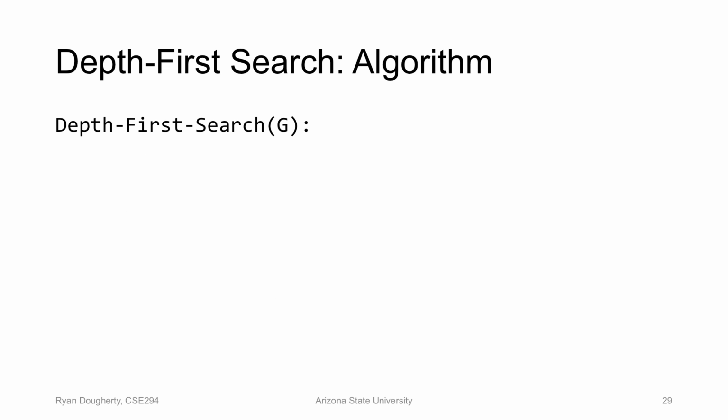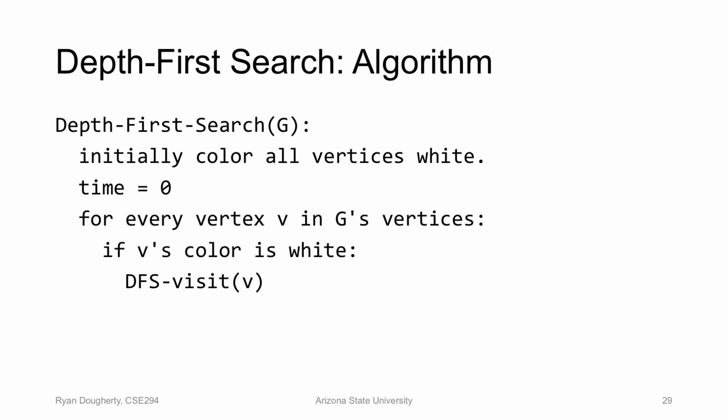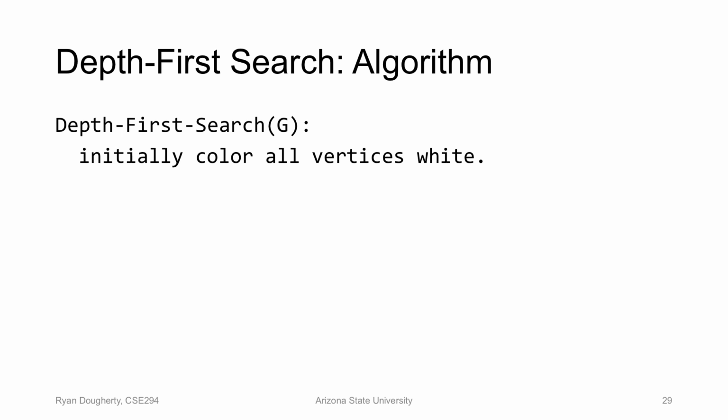So the algorithm is... Okay, yeah. Here it doesn't matter what vertex we start with again. So what we're going to do is consider all vertices to be white.